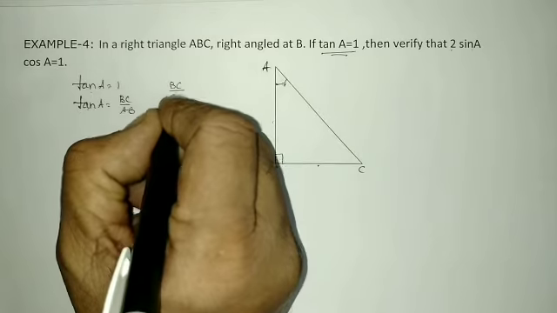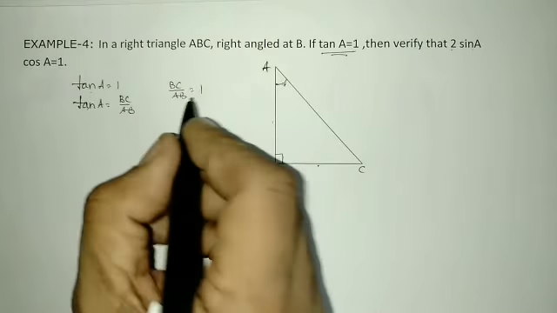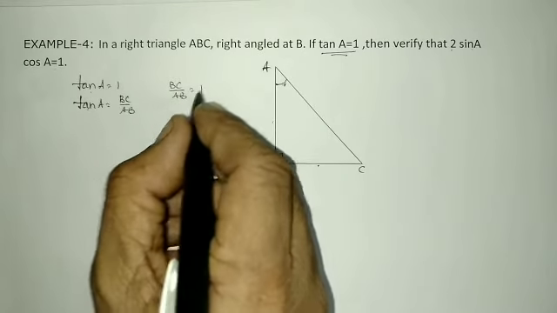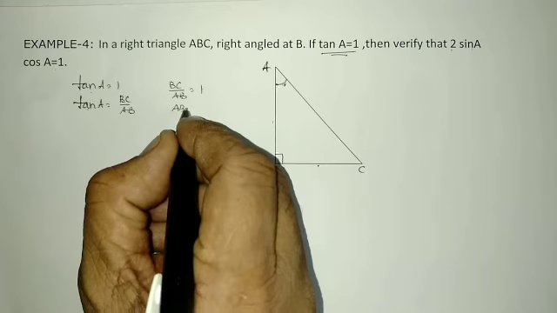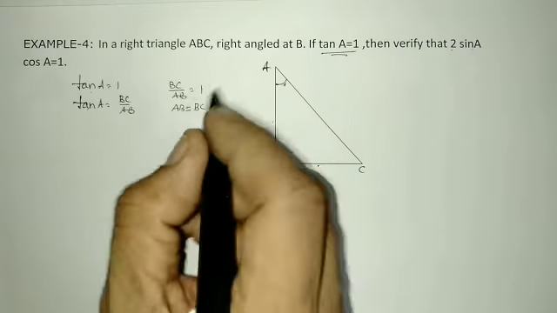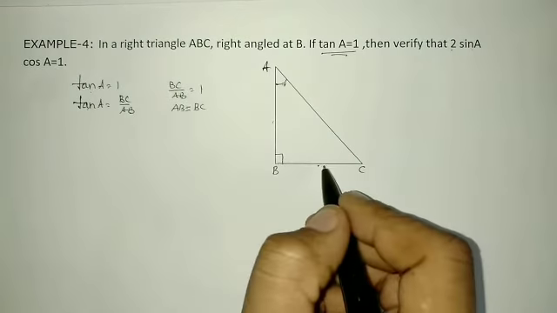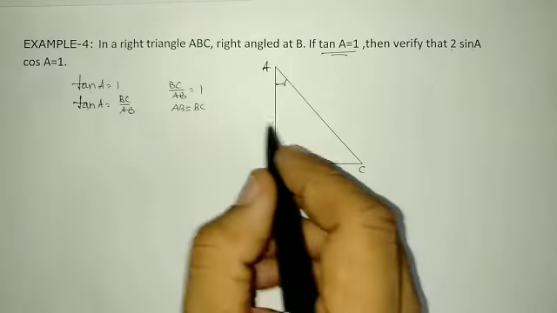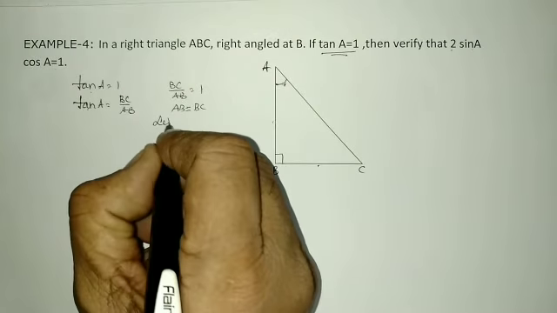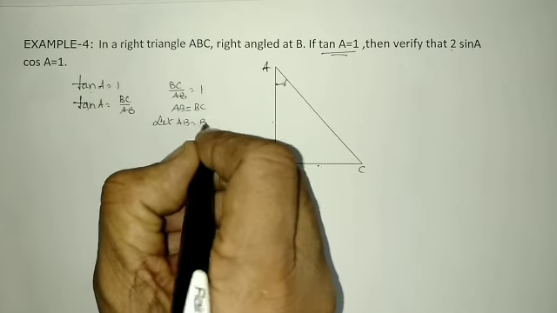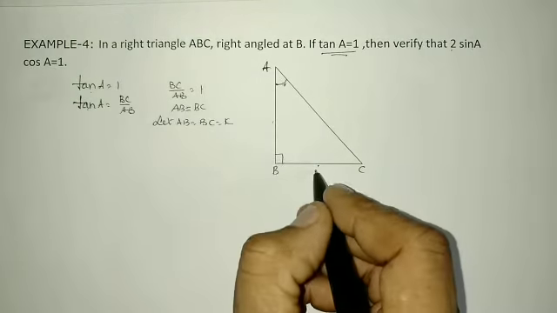So BC by AB equal to 1. From this, by transposing, we get AB equal to BC. So these two sides are equal, but we don't know the length of those two. Let AB equal to BC equal to K.